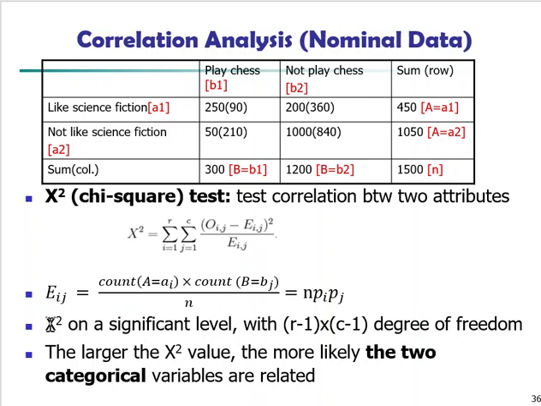The table is formulated so that the chi-square value is given based on the degree of freedom. Because we have rows and columns, the degree of freedom is the number of rows minus 1 times the number of columns minus 1. So we're going to look at one example.